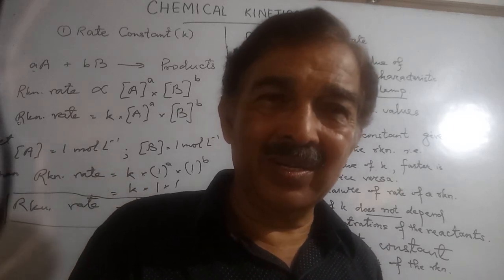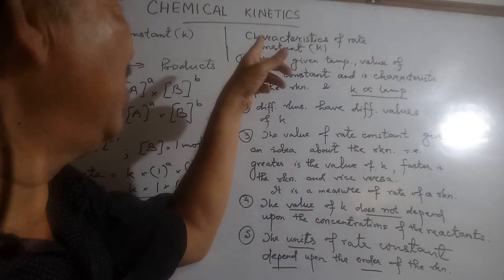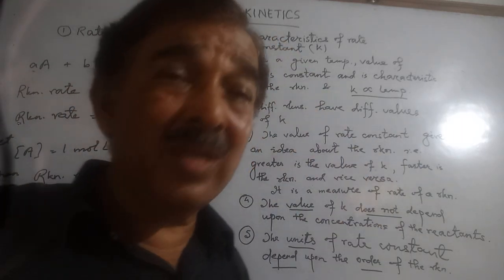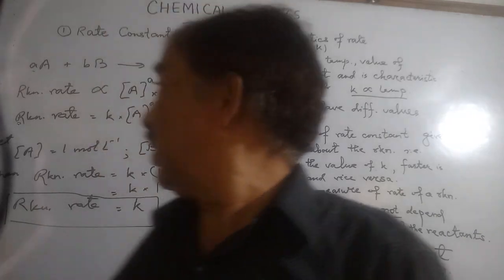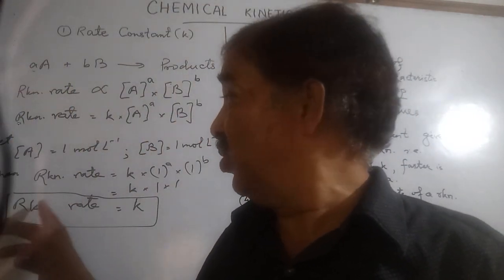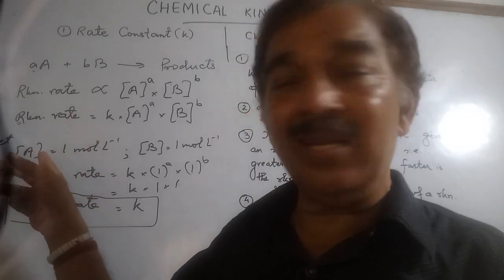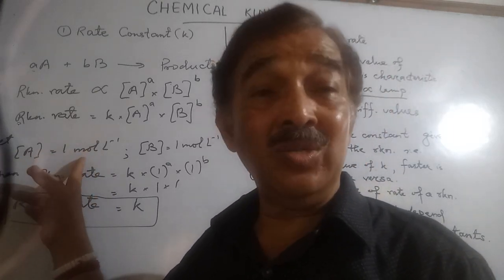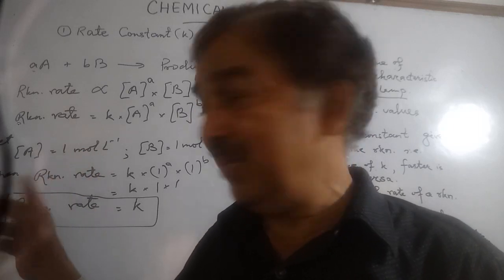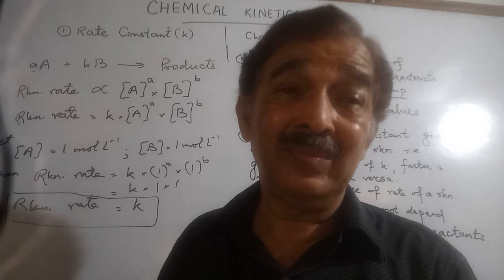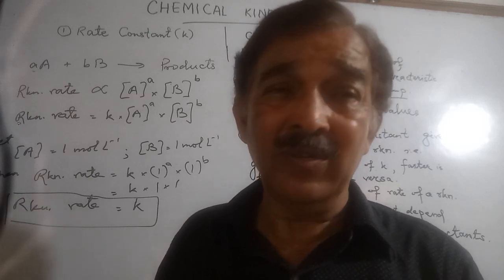I hope it is clear. If the definition of rate constant is asked during the exam, you can write this expression, and when the molar concentrations of the reactants are 1 mole per liter, then the reaction rate will become equal to K. Based on that you can define it.